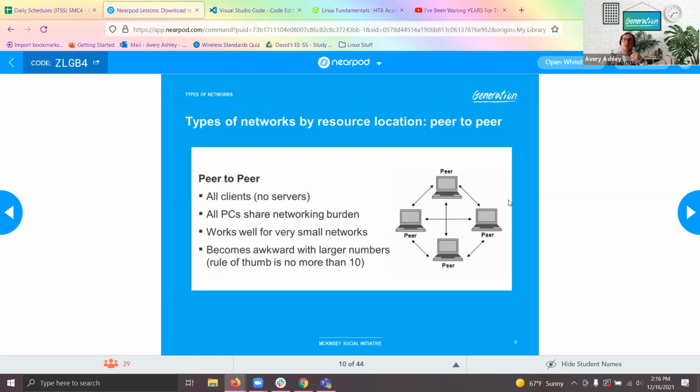All of the files are going to be stored on all of the clients. It can get hectic pretty quickly, and peer-to-peer doesn't work well with larger networks, but it can be very useful for small networks, like a home business where you don't have many clients on the network. Rule of thumb, no more than 10. If there are more than 10 on the network, you're going to want to implement a server.